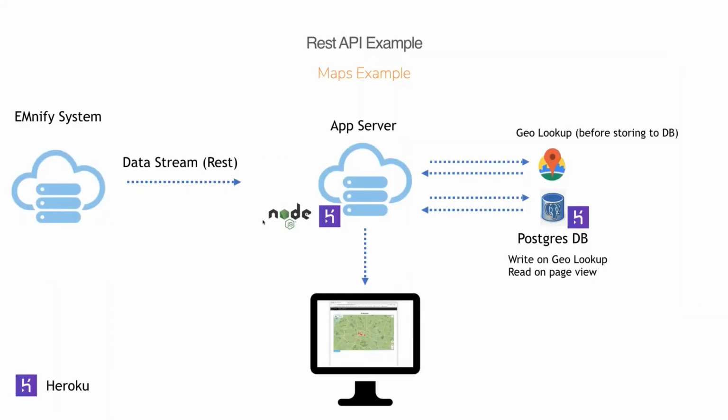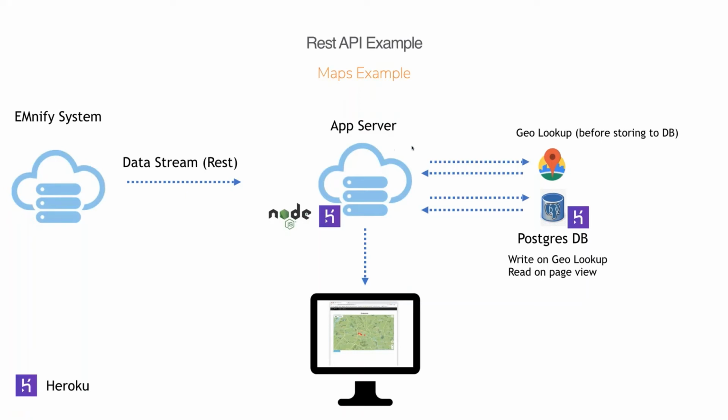Okay, then for the example that Jean-Ud already showed earlier on, this is what it looks like when it's deployed. We have a data stream coming in, sending REST post requests to our application server. This icon here stands for Heroku. That's just a nice way to actually host our application, and we're using Node as a framework.